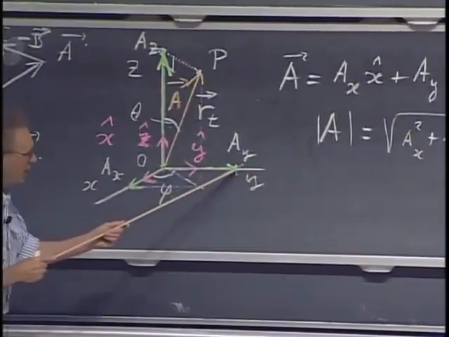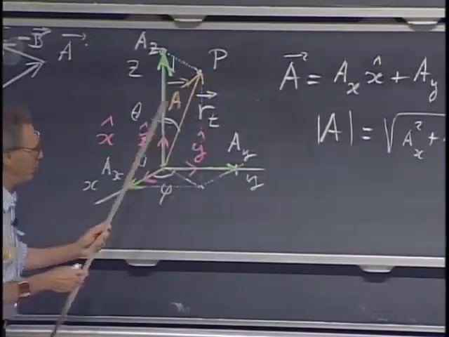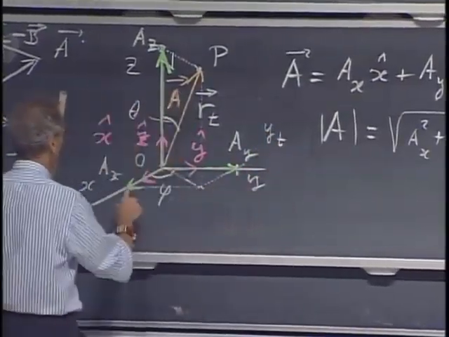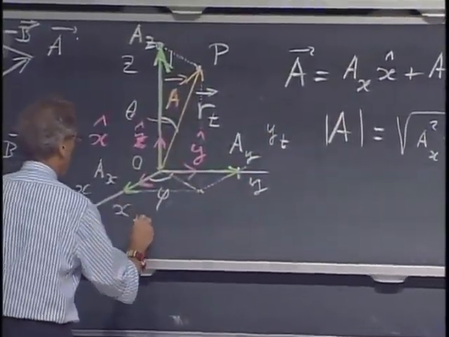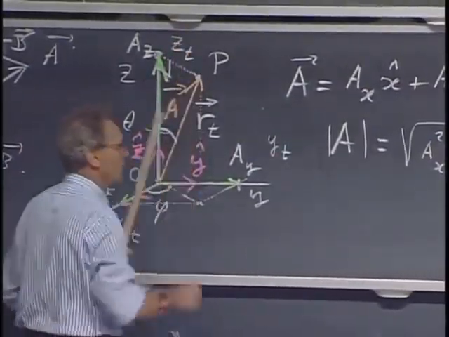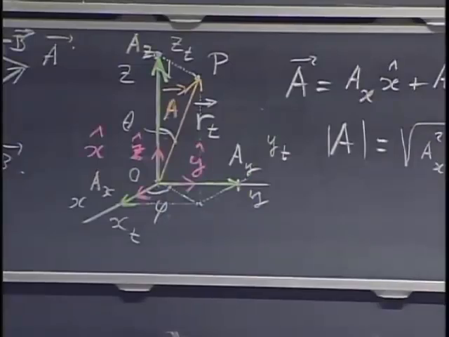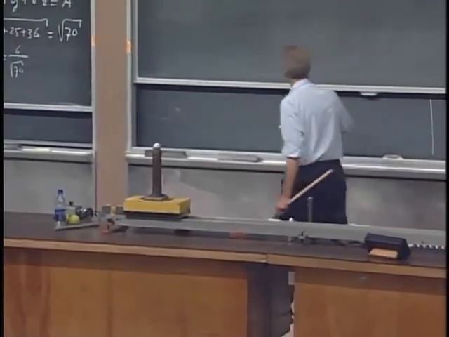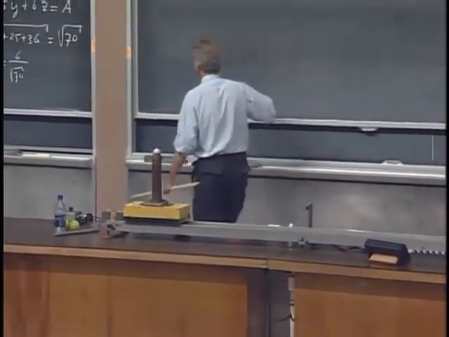I call this location X of T, Y of T, and Z of T. They change with time, because point P is going to move. And so I'm going to write down the vector R in its most general form.